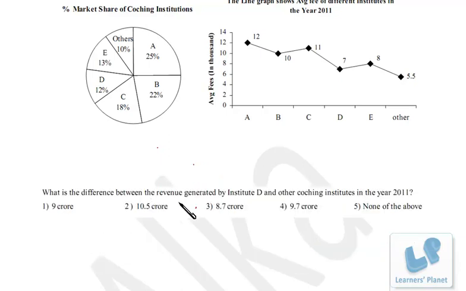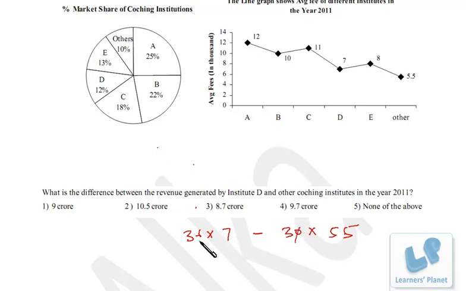Now, what is the difference between the revenue generated by Institute D and other coaching institute in the year 2011? Institute D is 12% of 3 lakh, that is 36,000, into fees is 7,000, and other is 10% of 3 lakh, that is 30,000, into fees is 5.5 thousand, or I just say 55 and eliminate this.